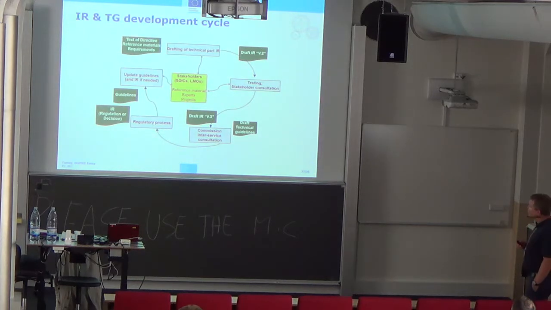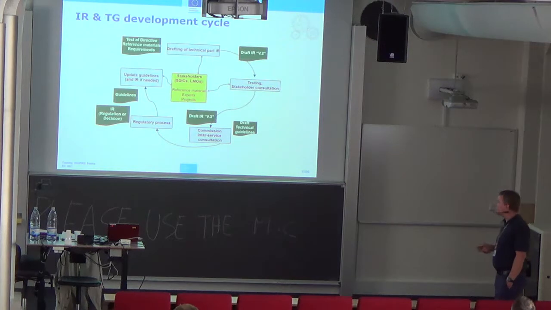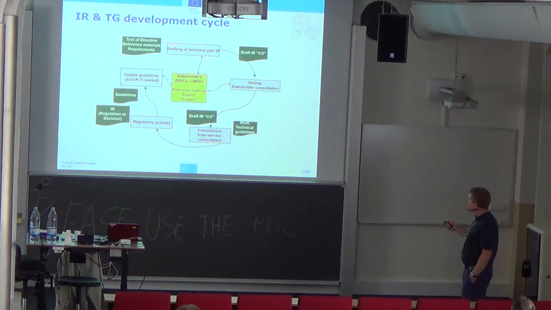And this was a development cycle of how the implementing rules and data specification were developed, starting with drafting of the technical part of the implementing rules. A lot of stakeholders were engaged using different reference materials, experts, projects, and so on. Version 2 of the data specification went to testing and stakeholder consultation. After the testing and stakeholder consultation, it went to drafting of version 3.